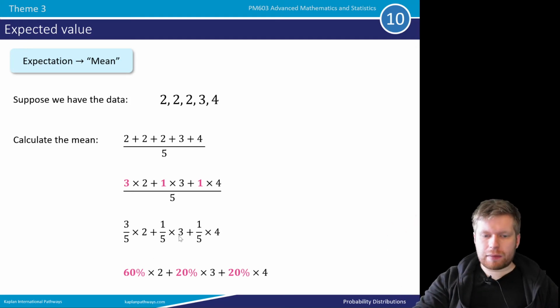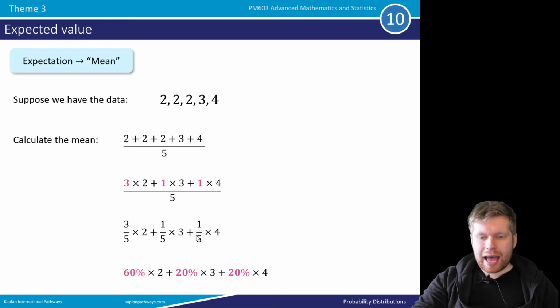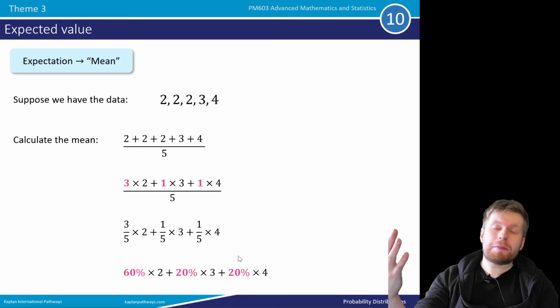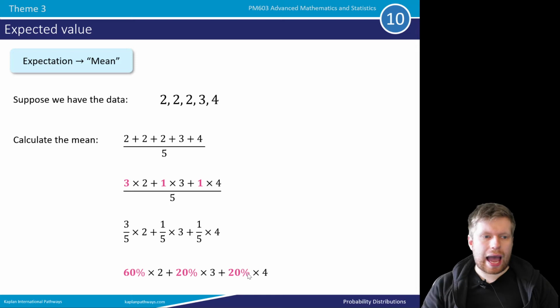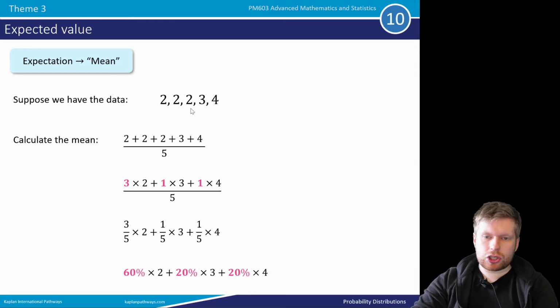And what does 1/5 times 3 mean? Well, it just simply means that there's a 20% chance that 3 comes up in my data, right? And 1/5 times 4, that simply means that 20% of my data is composed of a 4, right? So now I've got a probability that is associated with each individual outcome. Okay, so there's a 60% chance that you'll pick a 2, a 20% chance that you'll pick a 3, and a 20% chance that you'll pick a 4.